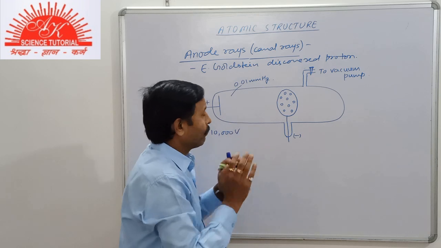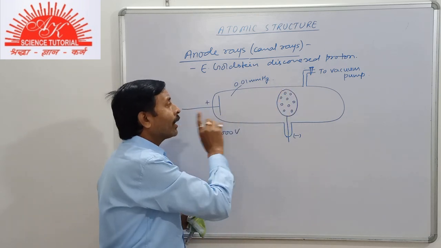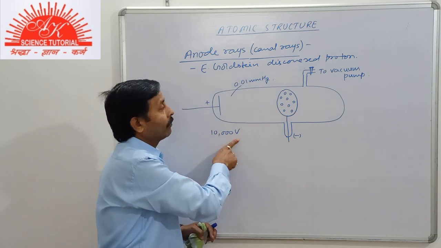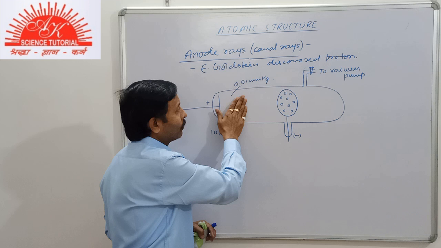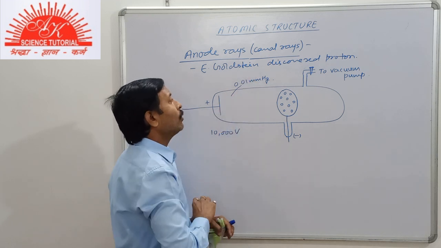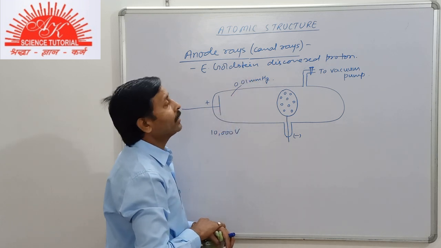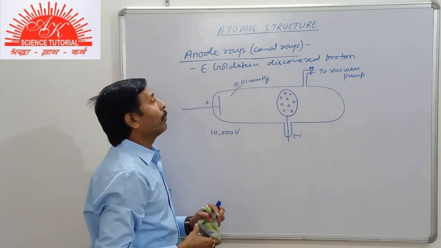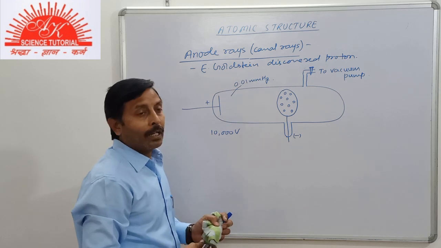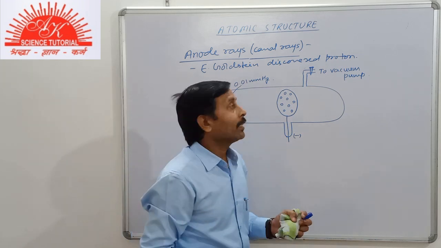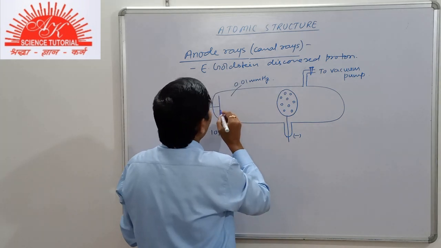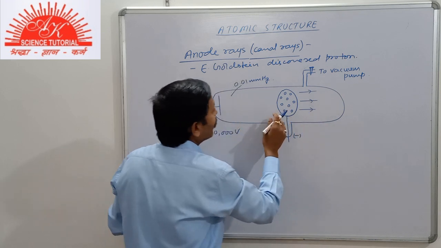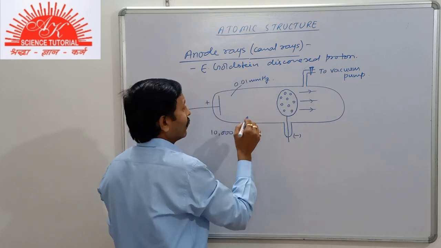Now remember this structure. When current was passed at a very high voltage of 10,000 volts through the discharge tube, having gas at 0.01 mm of Hg and a perforated cathode plate placed in the middle, it was observed that some rays were also reaching behind the cathode plate.